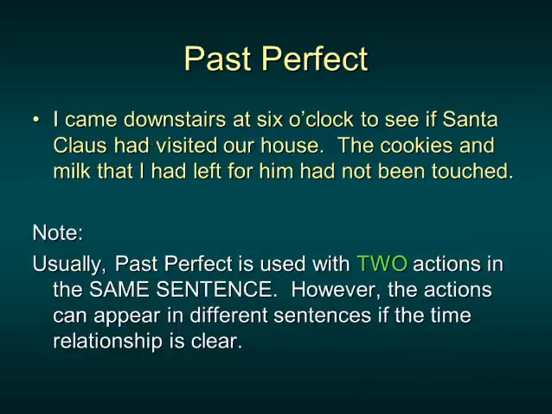I came downstairs at 6 o'clock to see if Santa Claus had visited our house. The cookies and milk that I had left for him had not been touched. Usually, past perfect is used with the 2 actions in the same sentence. However, the actions can appear in different sentences if the time relationship is clear.